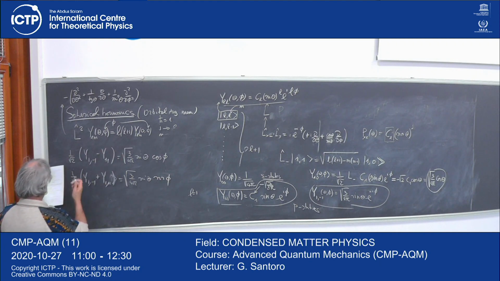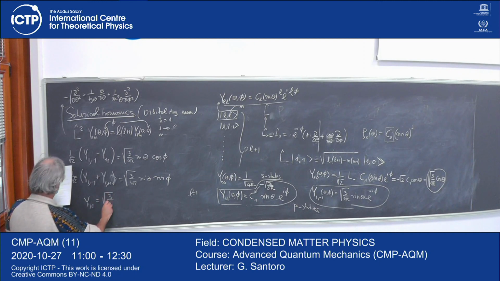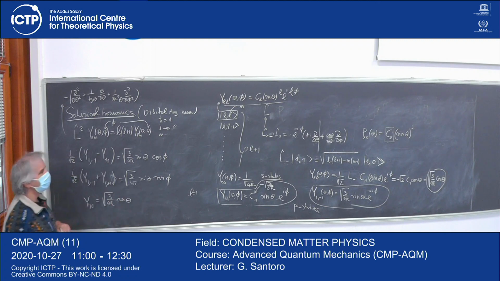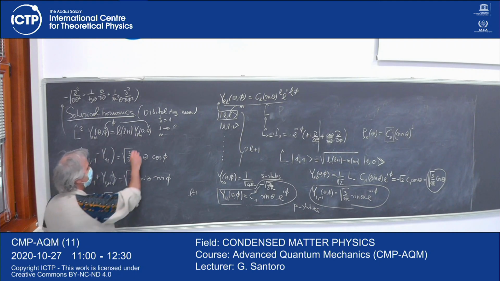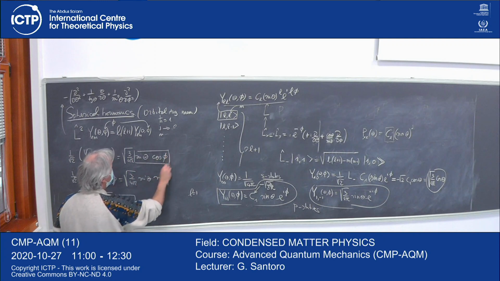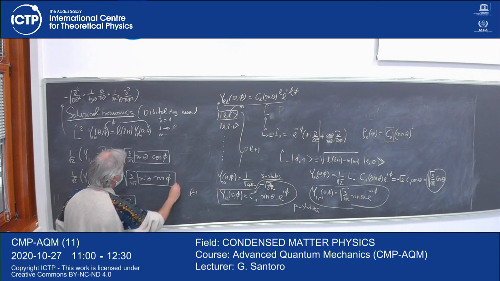And the third one is absolutely identical, you don't touch it, so it's square root of 3 over 4 pi cos theta. Now look at these expressions: cos theta, sine theta cos phi, sine theta sine phi.